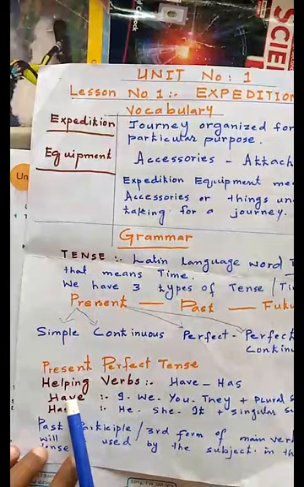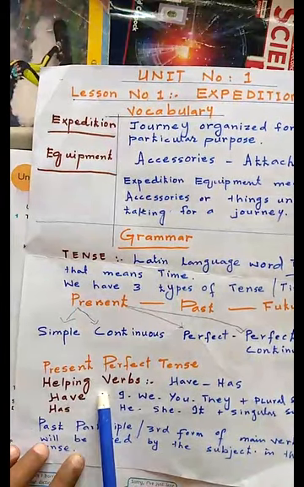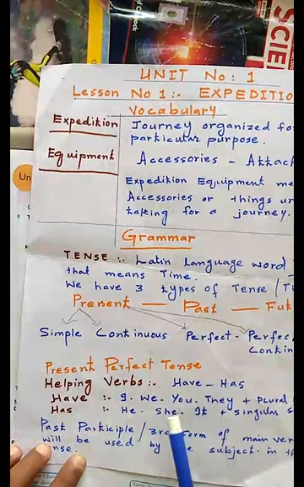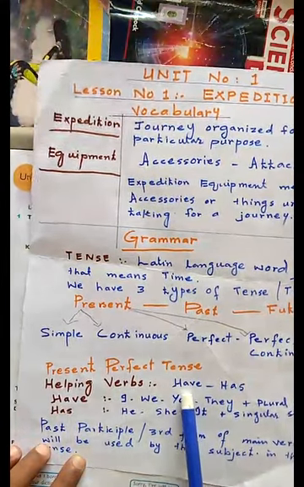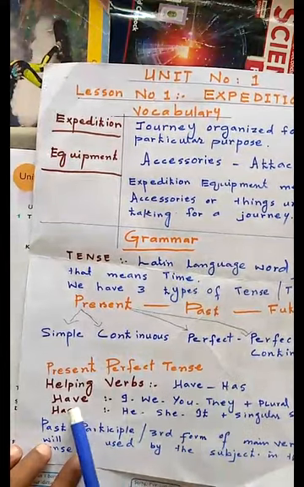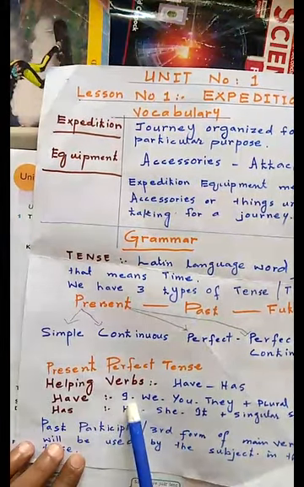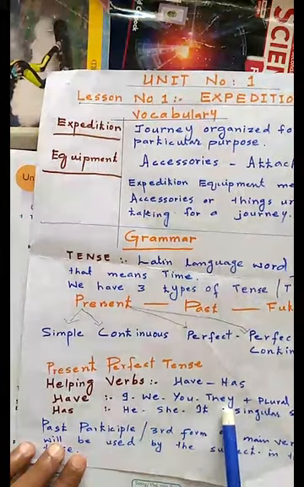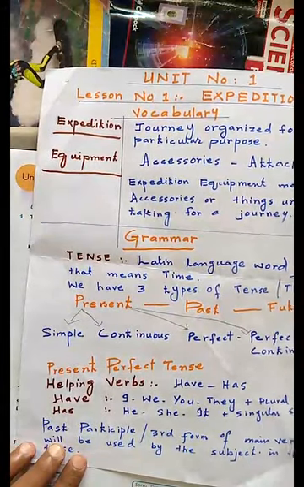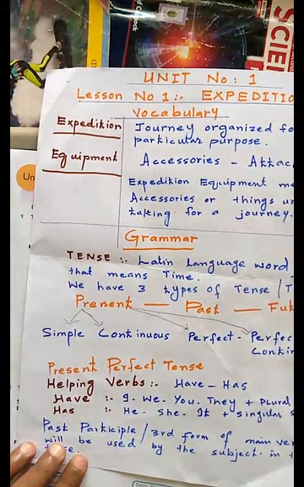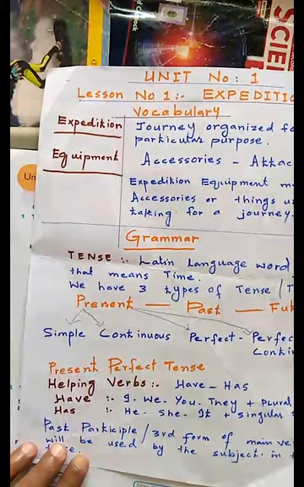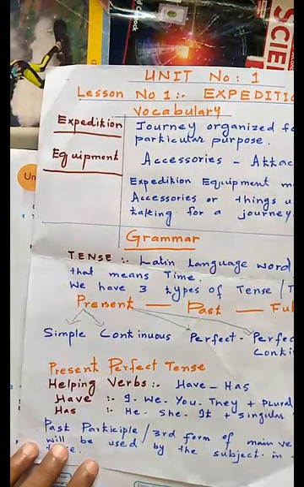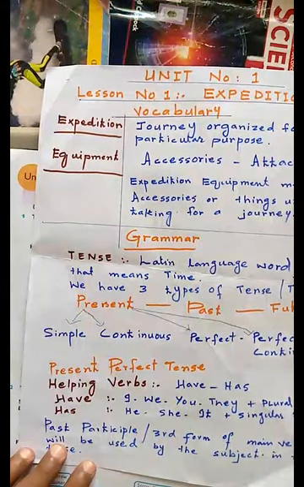In this tense we have the helping verbs have and has. We will use have and has with subjects. Have will be used with I, we, you, they, plus plural subjects. For example, I have a sentence in Urdu: Ahmad and Rafe have played the game.